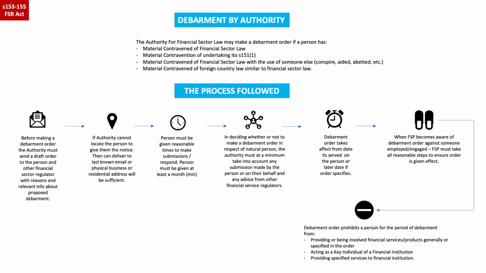The debarment order prohibits a person, for the period of debarment, from providing or rendering financial services on financial products, generally or as specified in the order, acting as a key individual of any financial institution, or providing specified services to a financial institution. The debarred person may not engage in conduct that directly or indirectly contravenes the debarment order, and cannot bypass this by using another person.